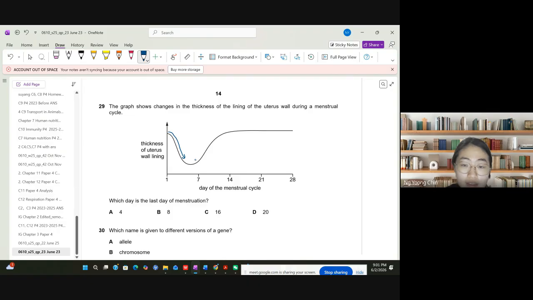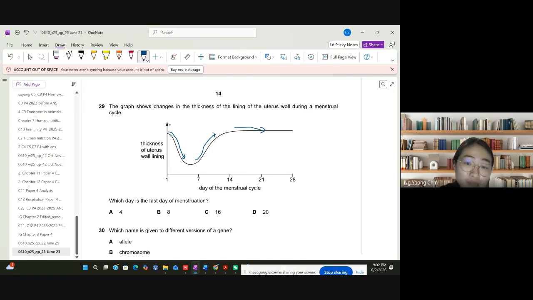And then later it is increasing. So this must be showing that your uterus lining is being repaired, built up. This is under the influence of estrogen hormones. Estrogen hormone promotes the repair of the endometrial lining. Later it will be maintained by progesterone.